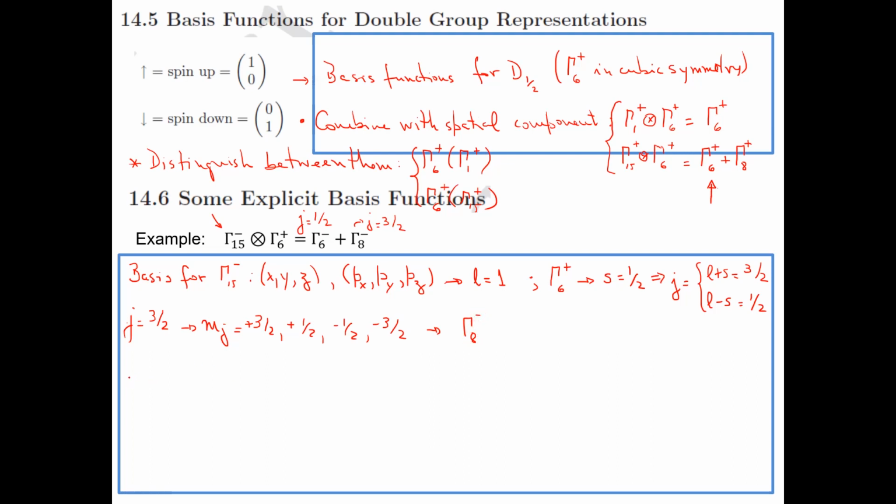And for J equals 1/2, I have only two values of Mj, plus 1/2 and minus 1/2, and that will correspond to the gamma 6 minus irreducible representation of the double group.